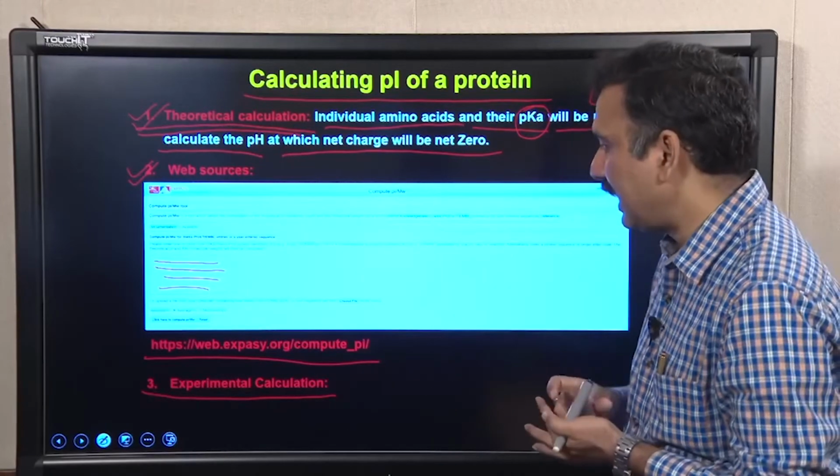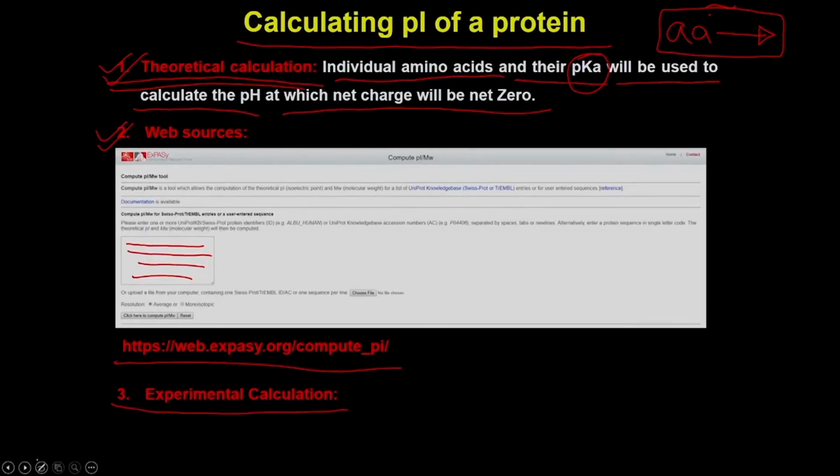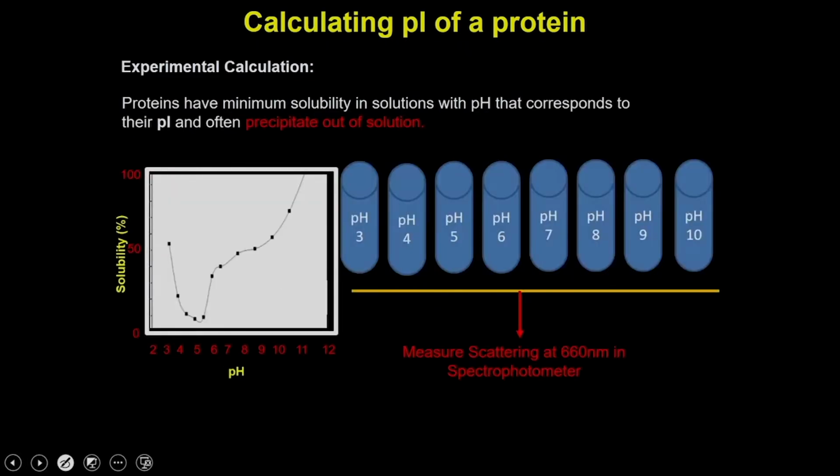Let us see how we can calculate the isoelectric point using experimental conditions. For the experimental approach, the basic principle is that the protein is going to have the minimum solubility in a solution with a pH that corresponds to its pI, and it often precipitates out of the solution.